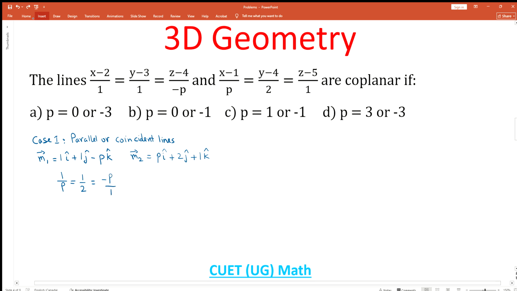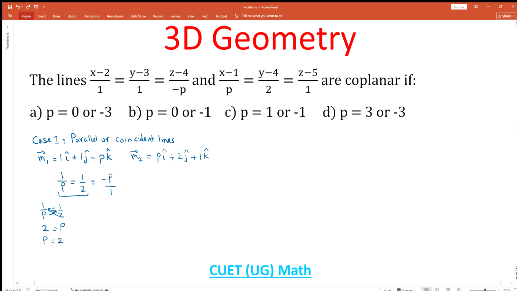We can find the value of p by solving two ratios at a time. If we solve the first two ratios, we get 1 over p equals 1 over 2. Cross multiplying, I get 2 equals p, or p equals 2.